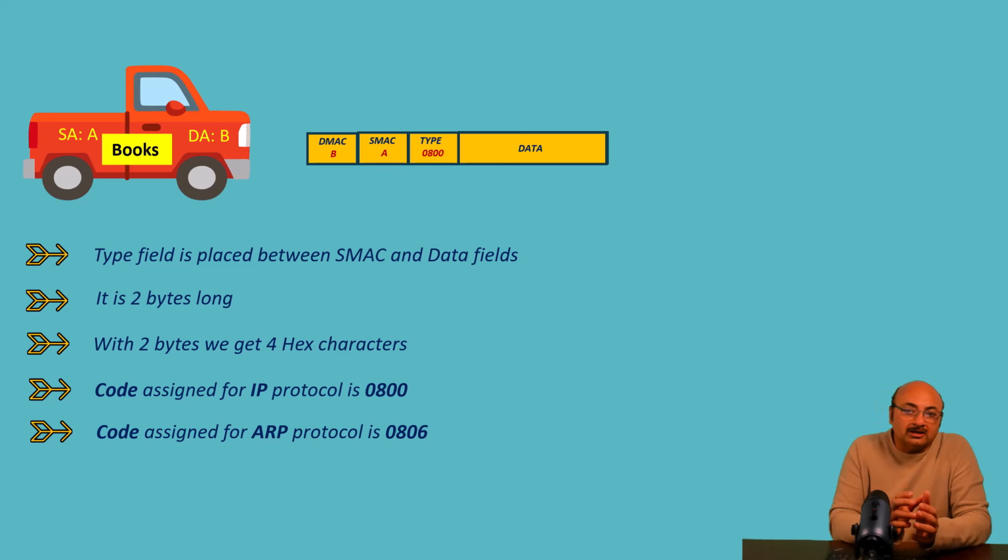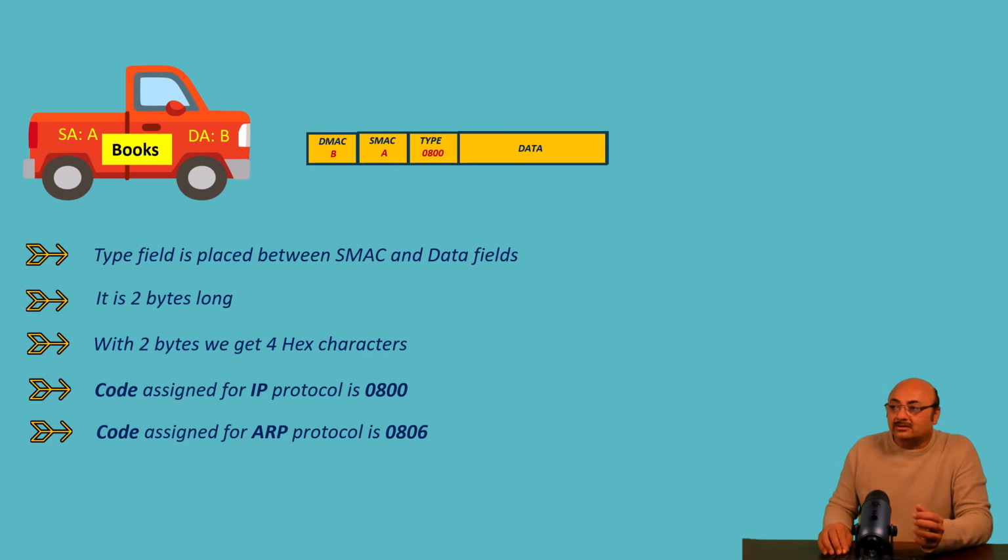The code assigned for IP version 4 protocol, to be more specific, is hexadecimal 0800. Similarly, the code assigned to ARP protocol is hexadecimal 0806.